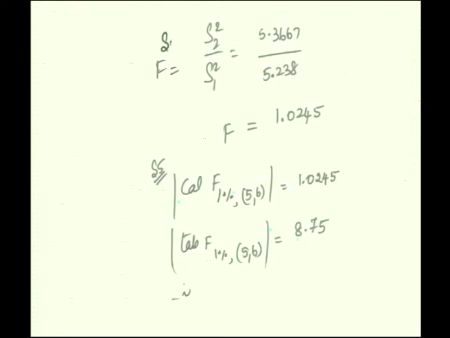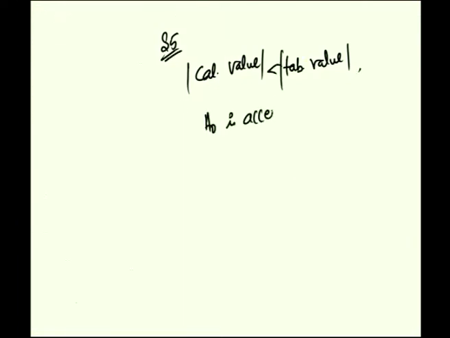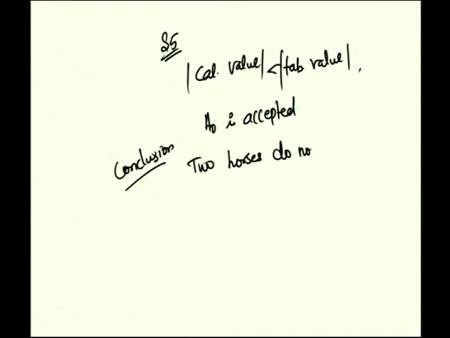Therefore, step 5, the calculated value is lesser than the tabulated value. Therefore, H naught is accepted, which means the ultimate inference for this problem is the two horses do not discriminate. Okay, that is the conclusion.